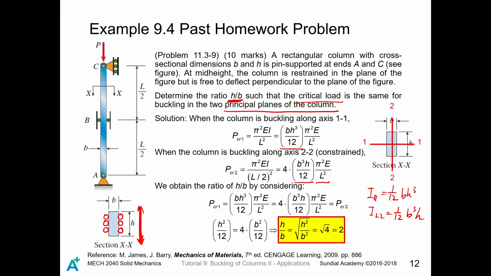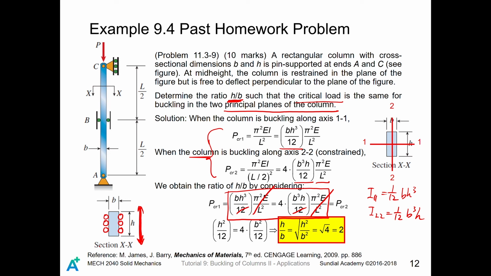So we are going to find the ratio H divided by B when the critical loads of buckling are the same. So we connect those two equations together, and we get something like this. Then immediately we can cancel this. Then we can cancel B and H in each of the numerators here.